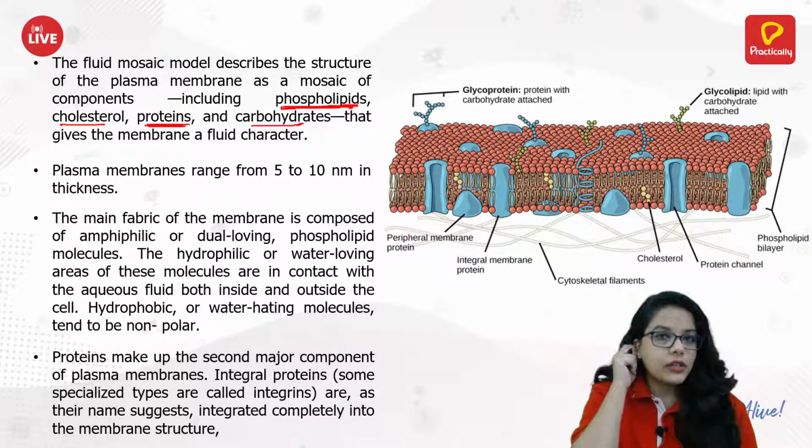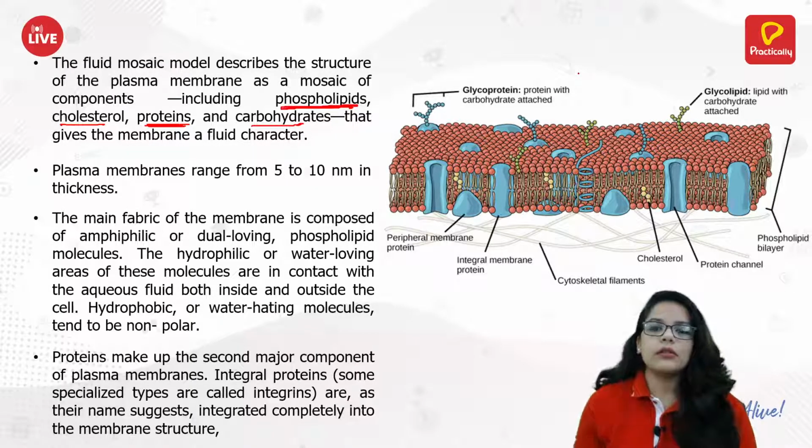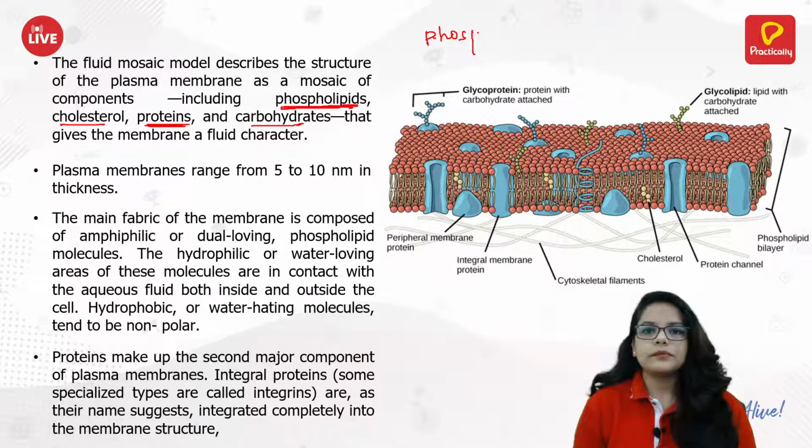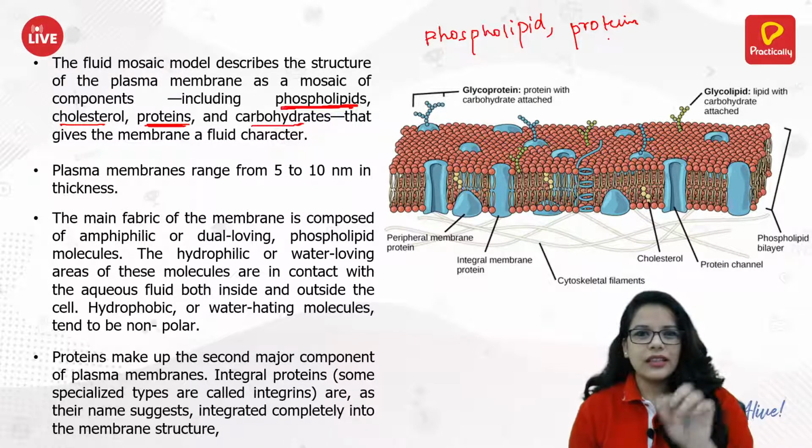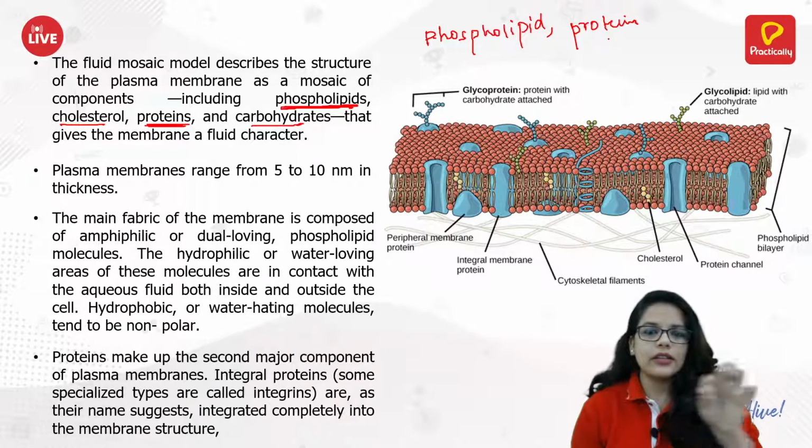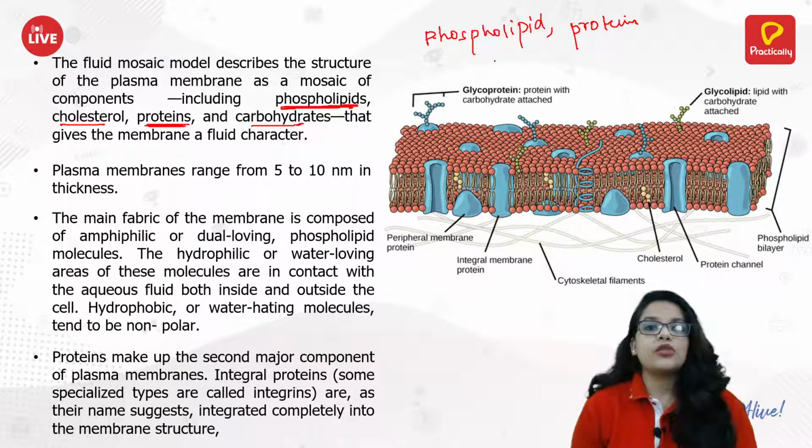The two important parts of the cell membrane are the phospholipid and the proteins. Cholesterol and carbohydrates are only embedded here and there in the structure. But the two main things which form the cell membrane are the phospholipid and the protein.